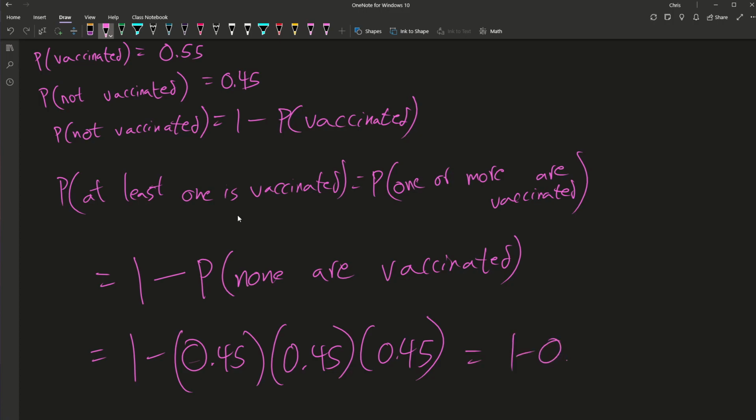So we're finding here 1 minus the probability that none are vaccinated. The probability that none are vaccinated is the probability that the first person is not vaccinated times the probability that the second person is not vaccinated times the probability that the third person is not vaccinated.